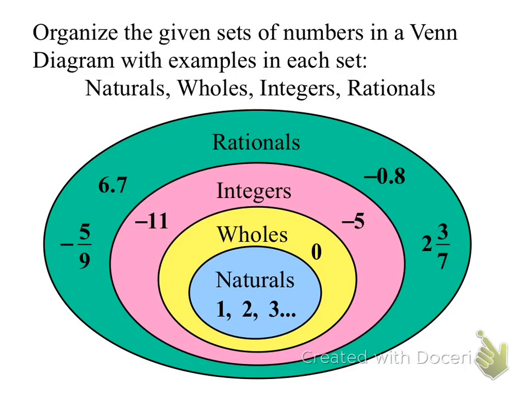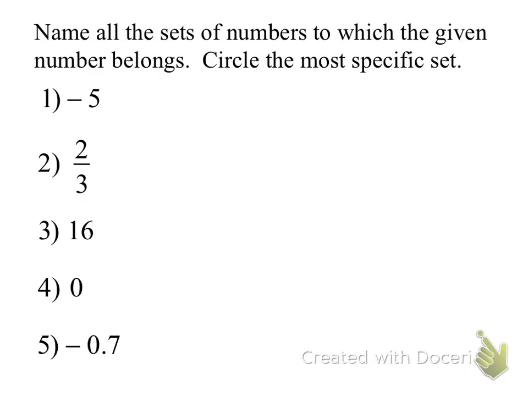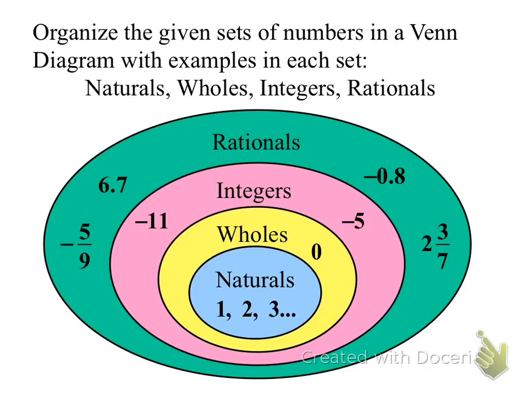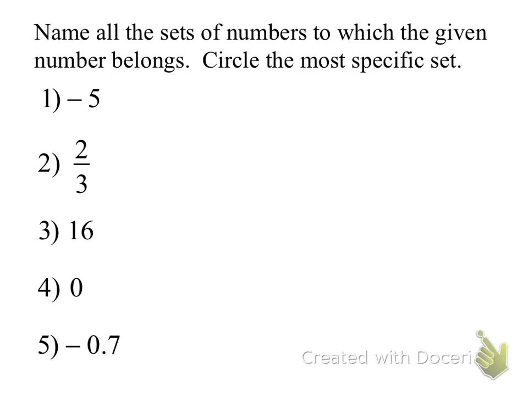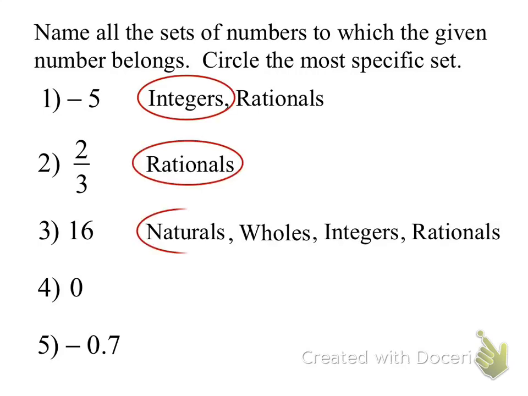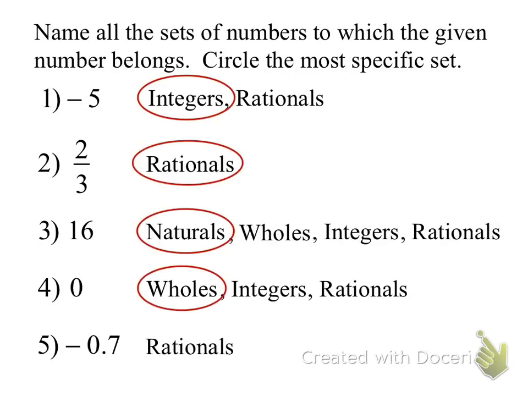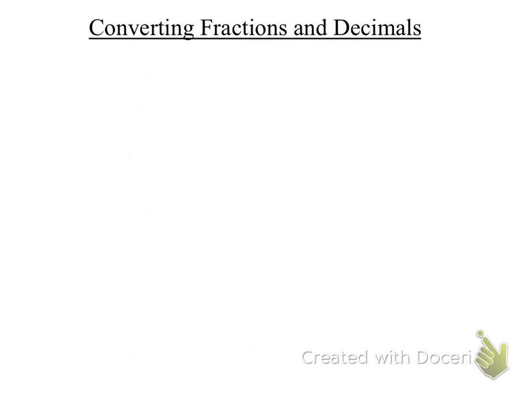And repeating decimals too. I'm going to skip this next part because we did this before. Do you remember? Yeah. Where we identified what is rational, what is... Yep. Okay, so I'm going to skip this part of it and go right on to the second part of this, which is converting fractions to decimals and decimals to fractions.